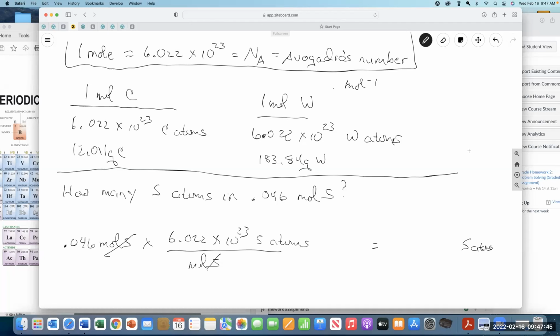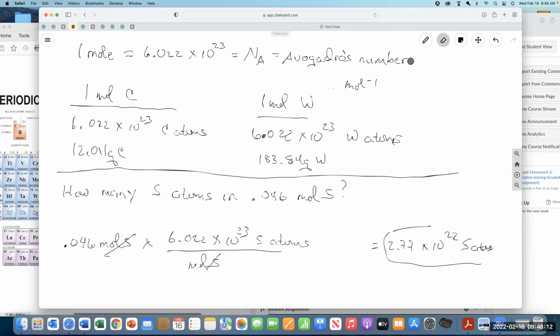Don't just write moles, but moles of sulfur. I'm not going to take out points if you don't do that, but you want to start doing that internally, because you'll see as we progress that you might have moles of 3 different things, and you want to keep track of what's what. So this comes out to be 2.77 times 10 to the 22nd.